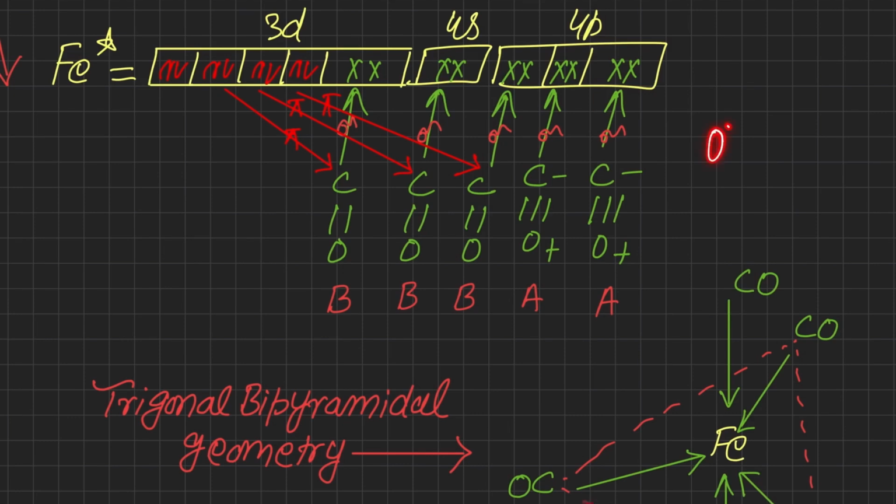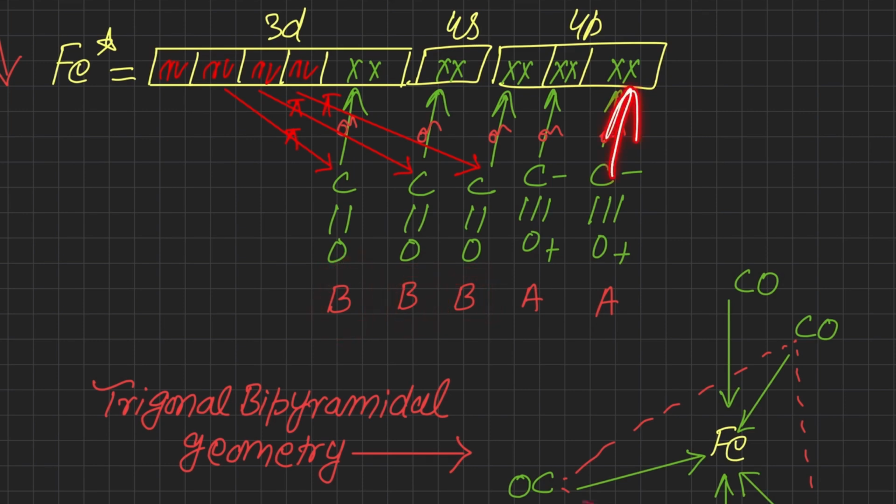But if the number of carbonyls attached is odd, then in two carbonyls we will not do any back bonding, whereas in the remaining we will do back bonding. So if the number of carbonyls attached is 5, then in 2 we will do no back bonding and they will be in A form as shown here, whereas in 3 we will do back bonding.